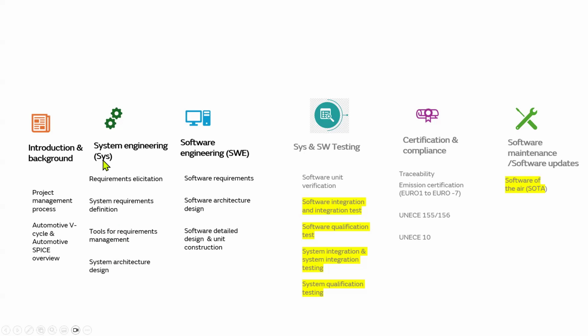So in the left side of the V, we have finished the top part, where we look at the system engineering activity. Once you have finished the system engineering activities, you now have outputs and artifacts to give to the software team to turn those requirements into the software which can be deployed into a vehicle.